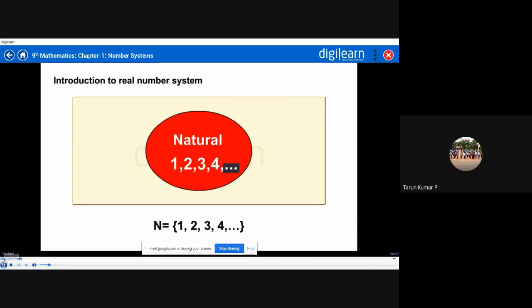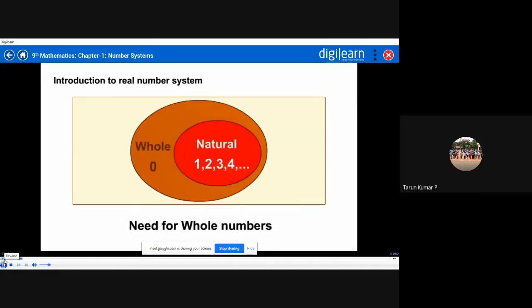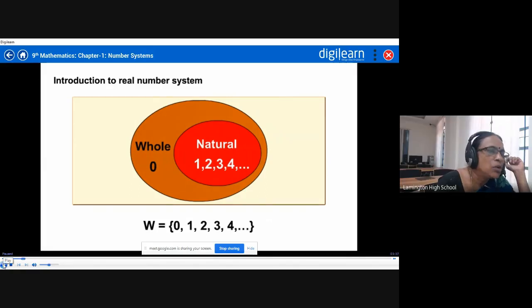The set of natural numbers is infinite. So the set of natural numbers means counting numbers 1, 2, 3, 4, 5, 6, 7, and so on. But the set of natural numbers does not contain zero.